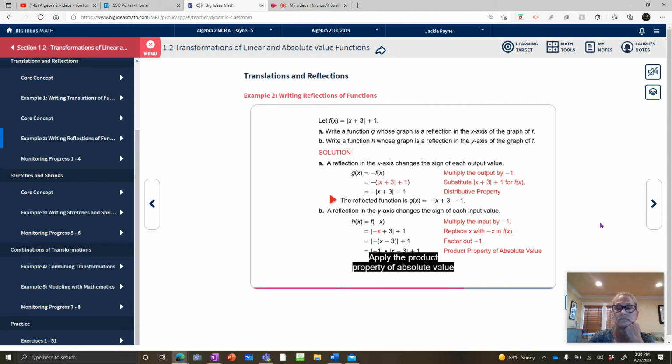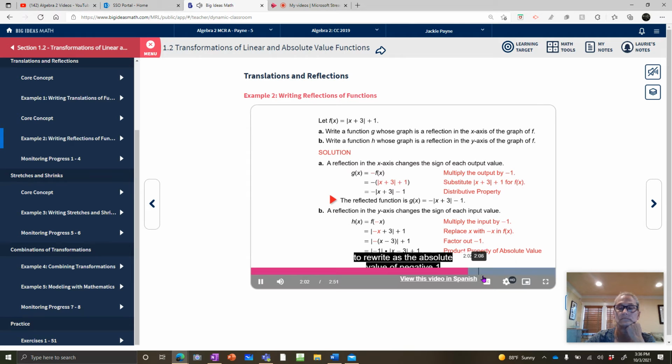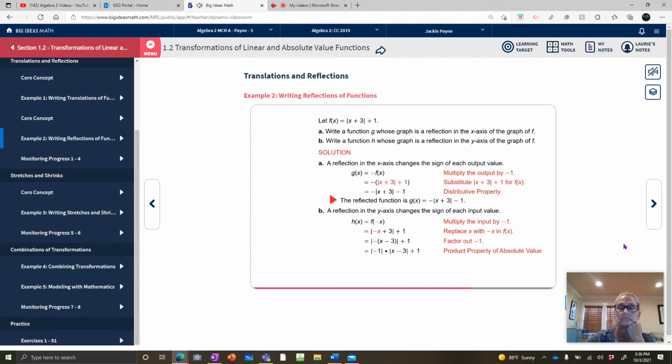Apply the product property of absolute value to rewrite as the absolute value of -1 times the absolute value of quantity x minus 3, plus 1. Simplify to get the absolute value of quantity x minus 3, plus 1. So the reflected function is h of x equals the absolute value of x minus 3, plus 1.